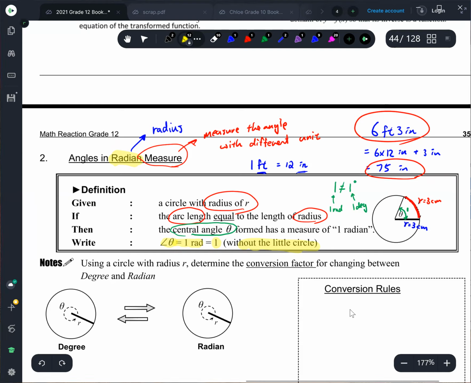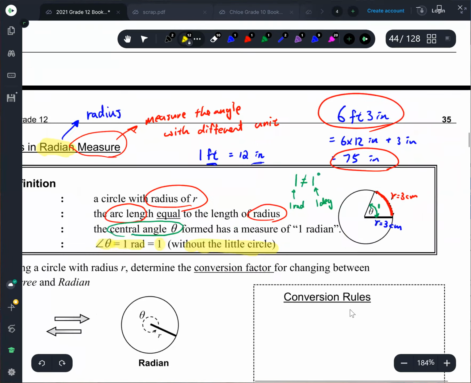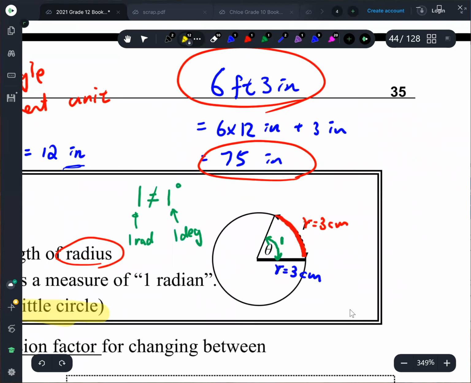Okay, so next part, we need to think about how is 1 radian related to 1 degree. All right, so by the look of it, 1 radian and 1 degree, which one looks bigger? Philip? Degree? Degree looks bigger? No, radian. Radian is wider, right?